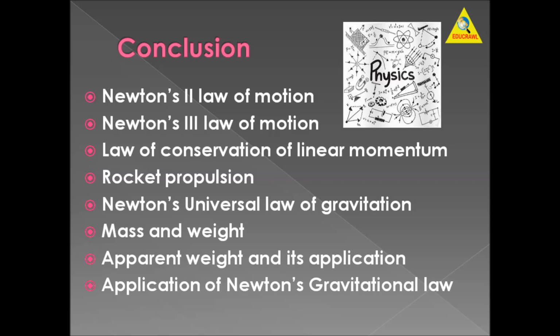Finally, we discussed the apparent weight and its applications we saw in lifts and in amusement parks, in the giant wheel and roller coaster, how we feel the weight reduced. That is due to the apparent weight. All those things we discussed. And finally, we discussed the applications of Newton's law of gravitation.